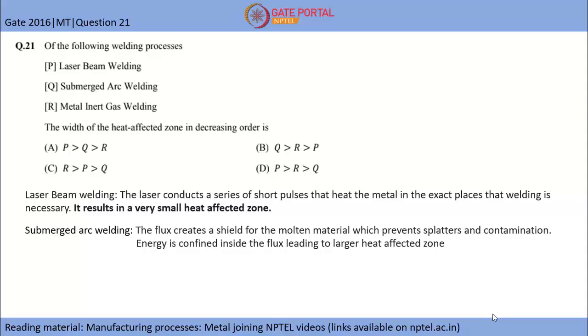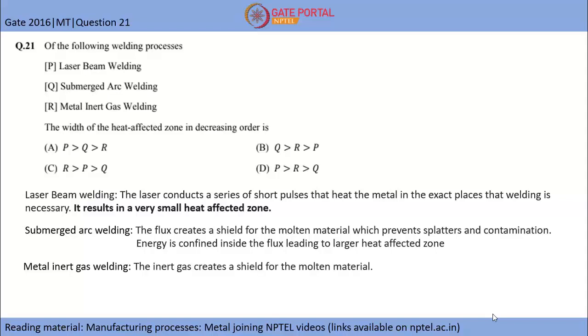So if you consider the amount of energy you are putting into the joint, the heat extraction rate because of this refractory material will decrease. If the heat extraction rate decreases, it will try to conduct that heat through the two welding pieces. Hence a larger heat affected zone will occur in submerged arc welding than in laser beam welding.